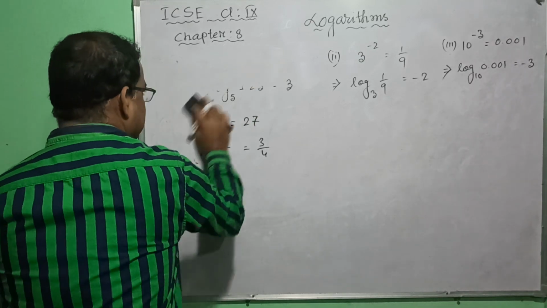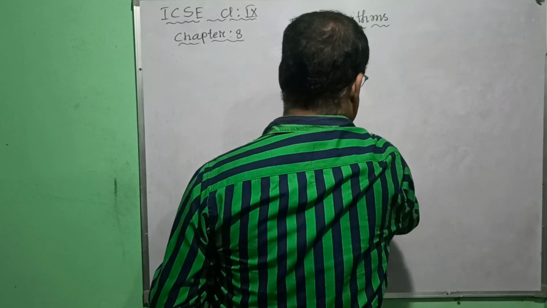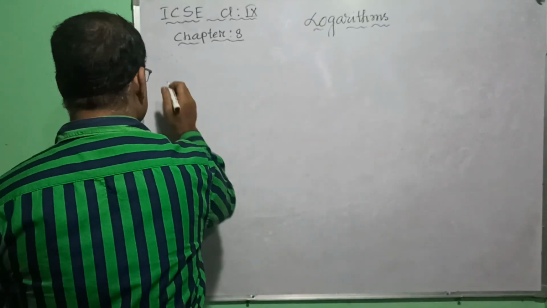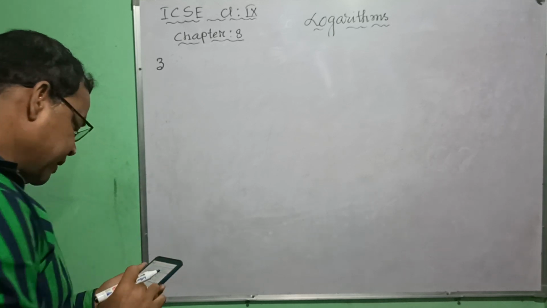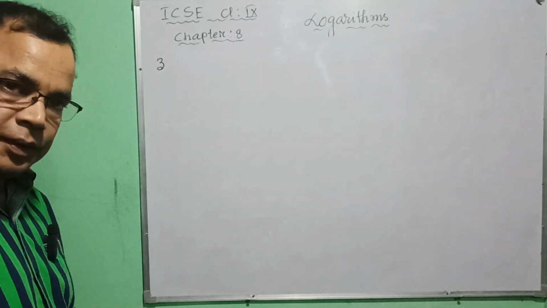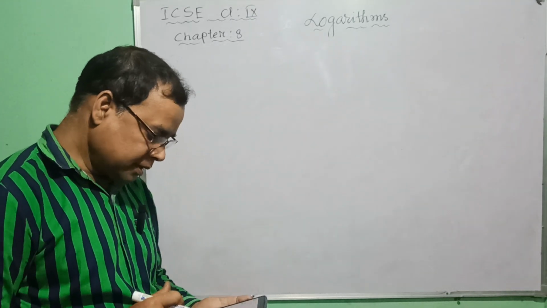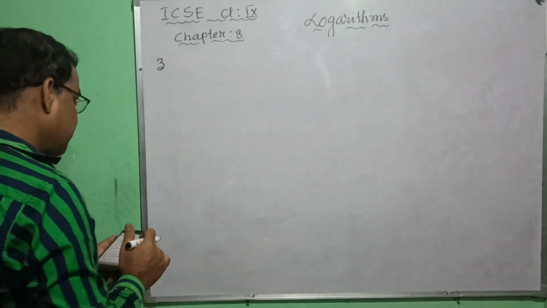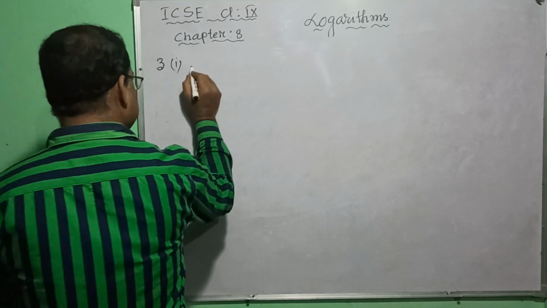Now in question number 3, it is given: express each of the following in exponential form. Now the reverse case, it is given to convert it into exponential form. The question is given in logarithmic form.